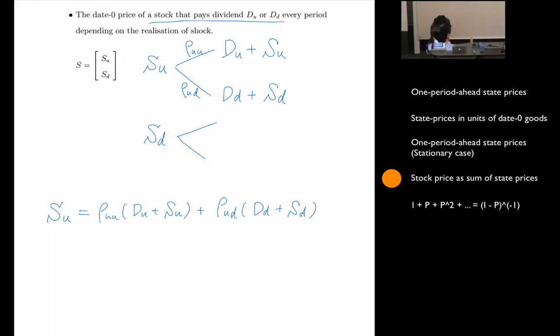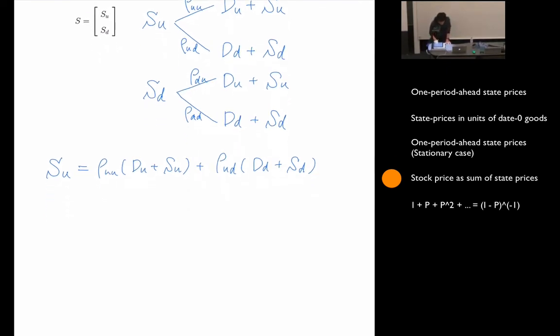The economy can go up or go down. If the economy goes up, the dividend will be du, the stock price will be su. If the economy goes down, the dividend will be dd, and the stock price will be sd again. If the current state is d, state prices are rho du and rho dd.